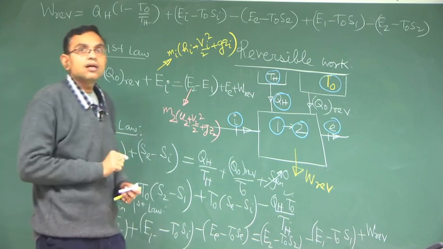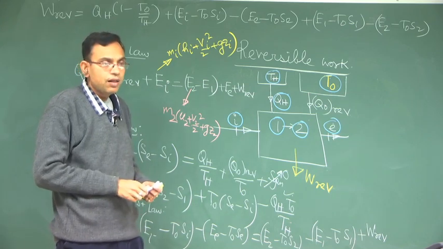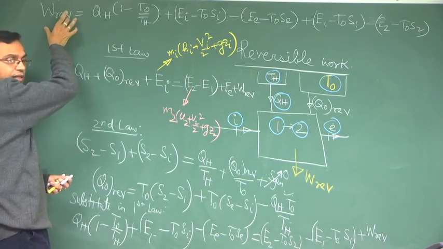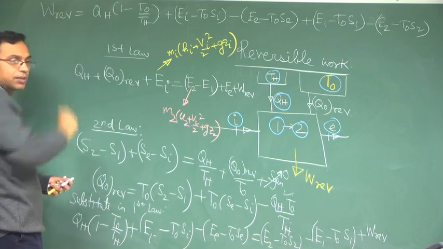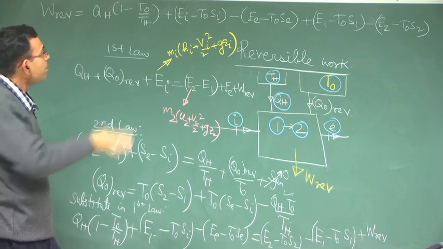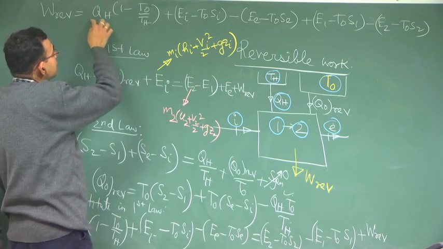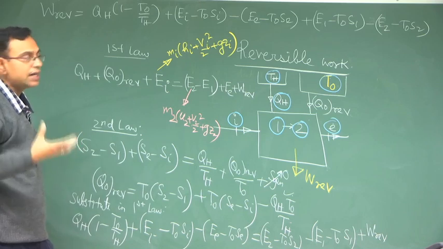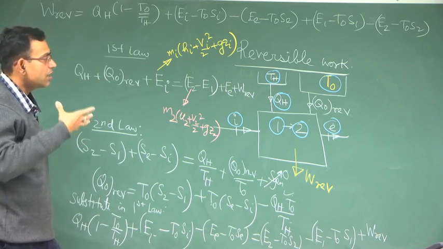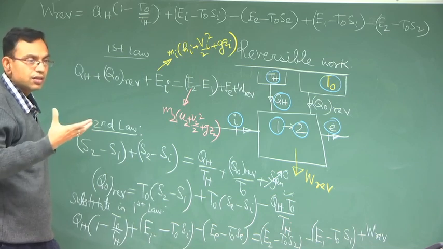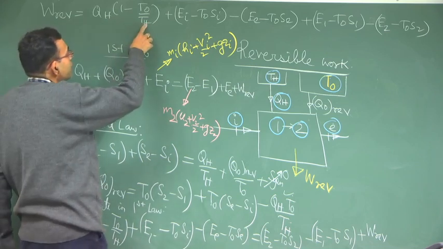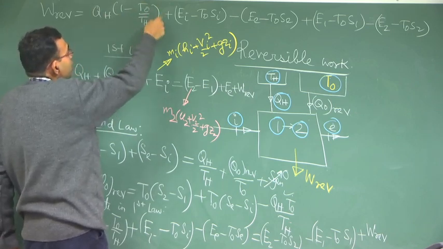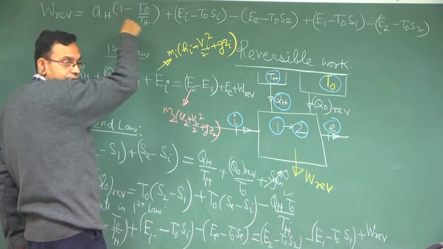So, see a couple of interesting things. First of all, this is the maximum work potential of the system which you can exploit, because it is reversible, there is no loss. So, a part of the work potential is associated with this heat transfer QH, and what is the maximum work that you can get if you fit a Carnot cycle engine that connects the thermal reservoir, one with TH and another with the surrounding, then this is actually the work done by that Carnot cycle in a cyclic process.